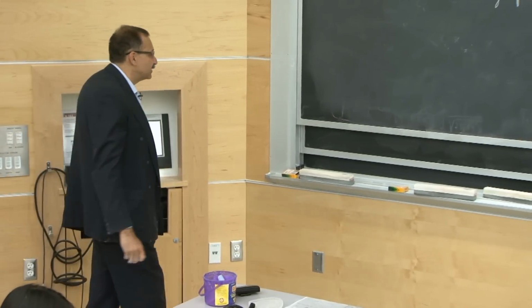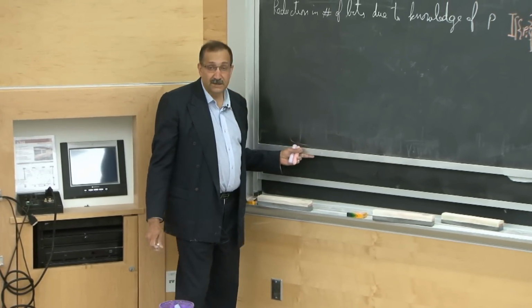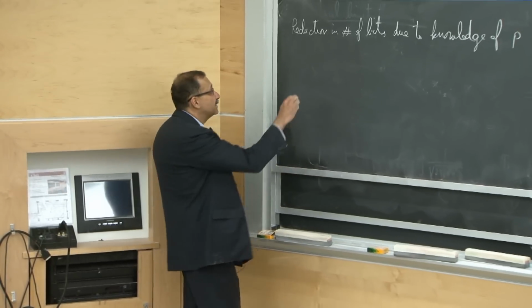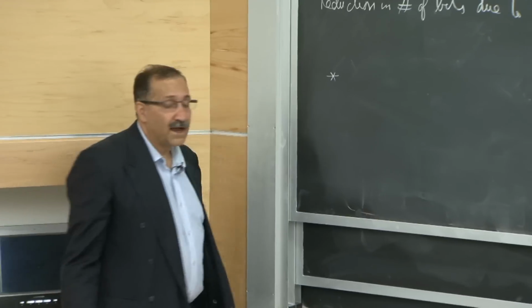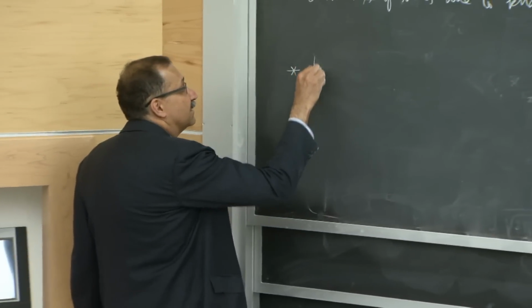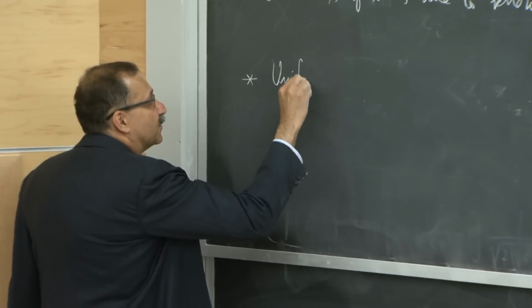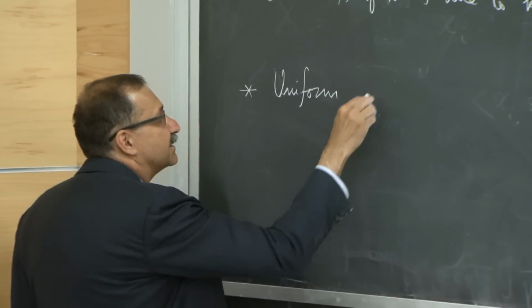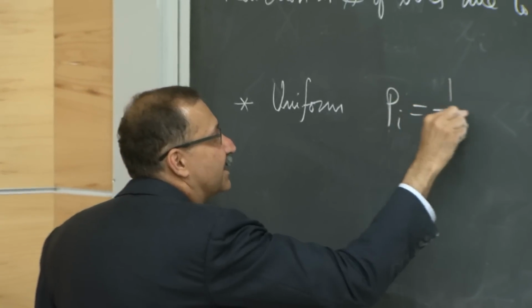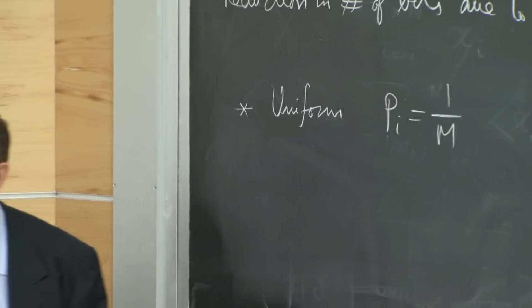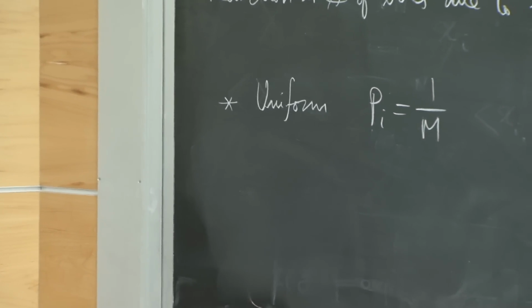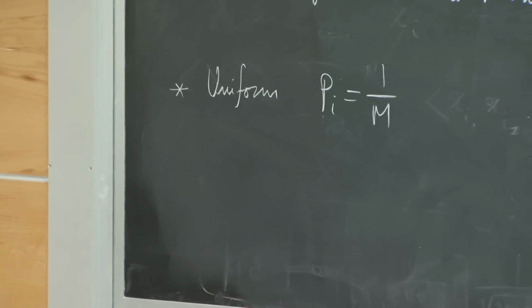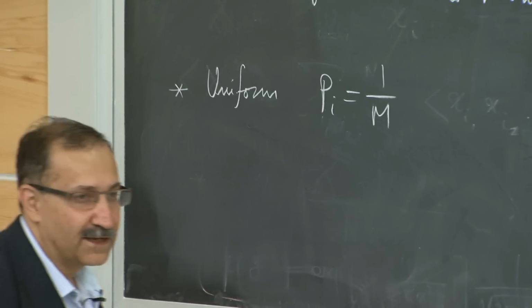And just to make sure that we understand the appropriate limits, if I have the case where I have a uniform distribution, let's say that all characters in my message are equally likely to occur. If it's an unbiased coin, it's as likely in a throw to be heads or tails.